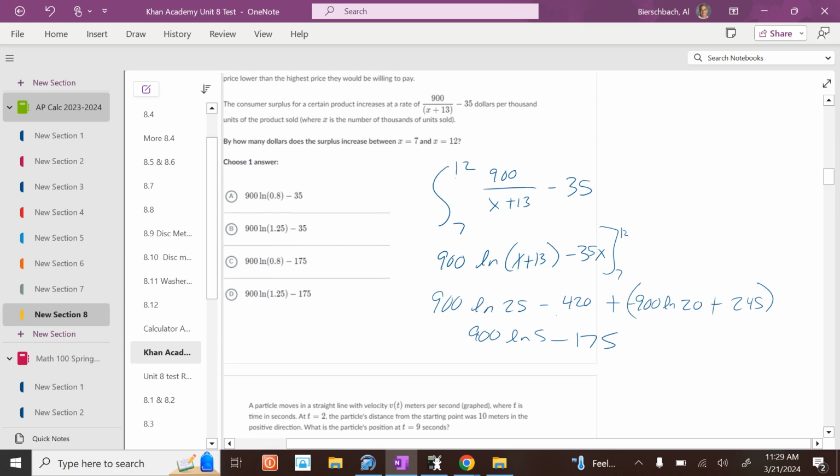Oh, but we divide, so it's 1.25, because when you subtract natural logs, you divide. So 25 over 20 is 1.25 minus 175. So it'd be D.